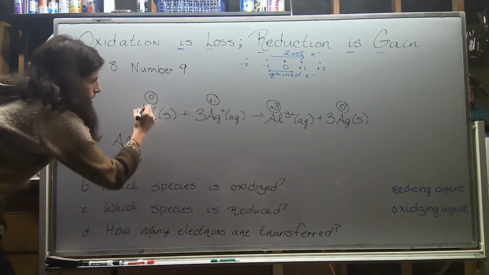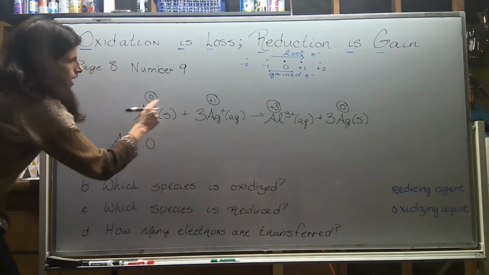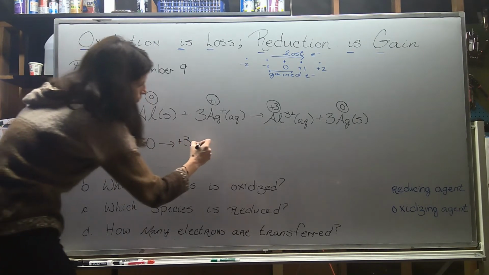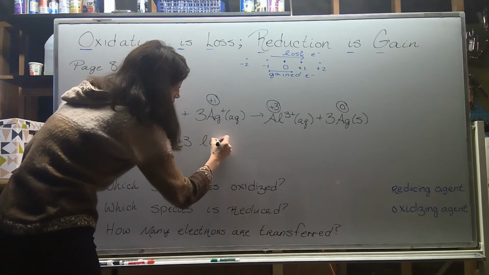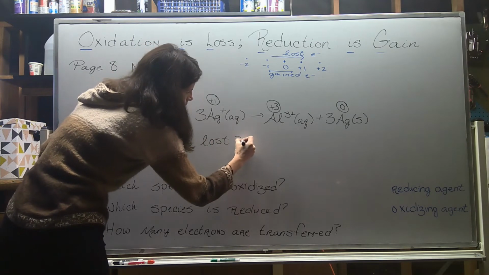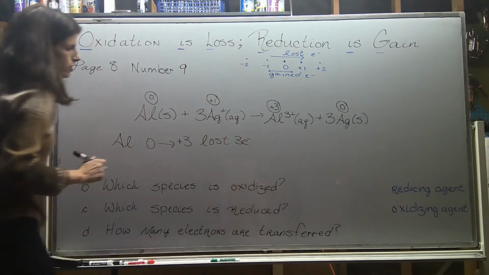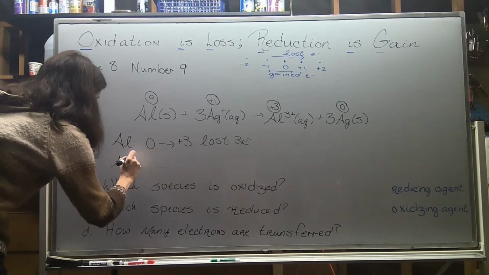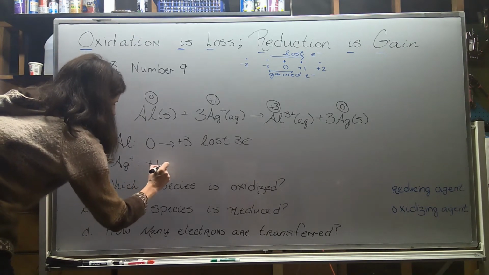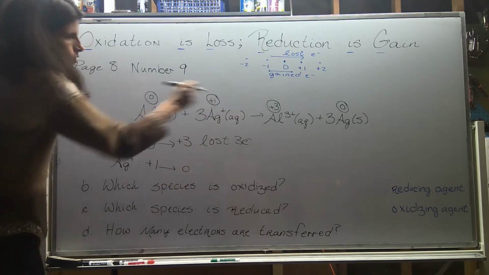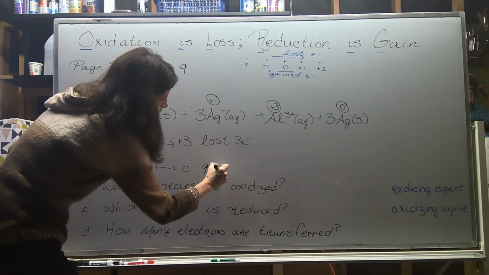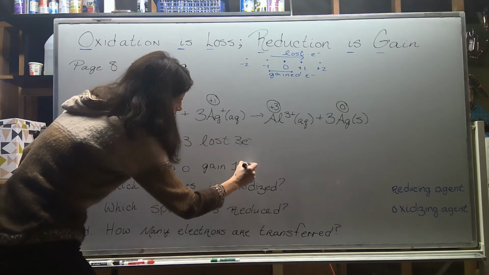Aluminum goes from 0 on the left to +3 on the right. Therefore, it lost 3 electrons. It moved in the positive direction. Silver ion started as a +1 and went down to a 0 on the product side. Therefore, it gained 1 electron.